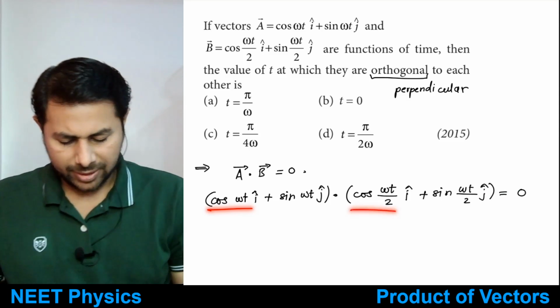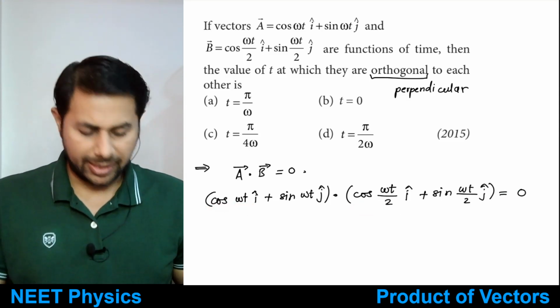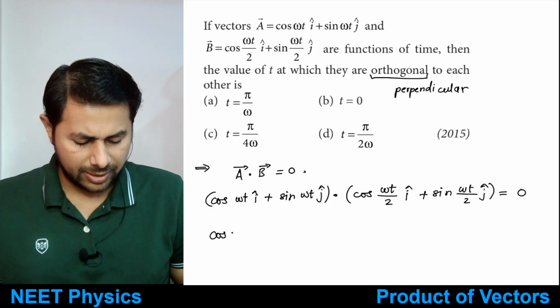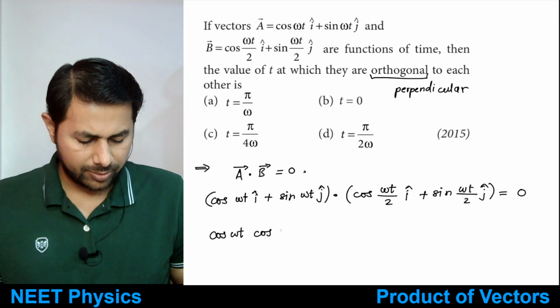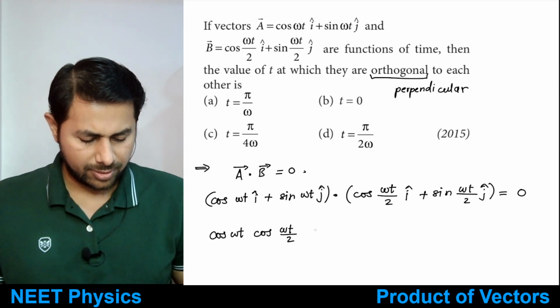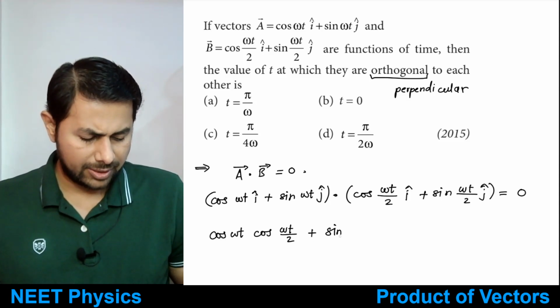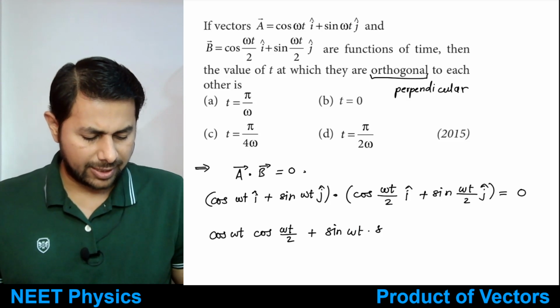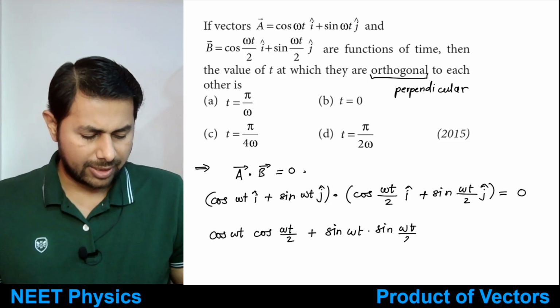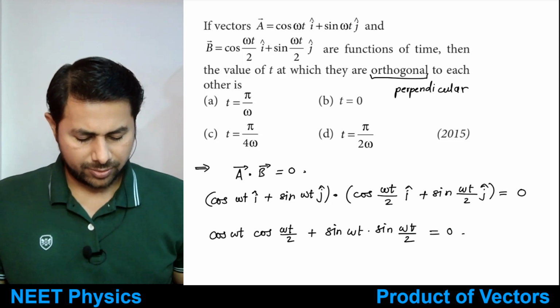Then multiply this out. So x component with x component. So you have cos omega t into cos of omega t by 2, plus sine omega t multiplied by sine of omega t by 2, and that is equal to 0.